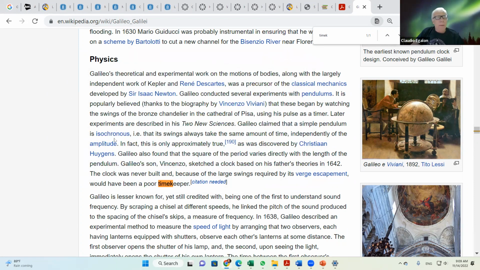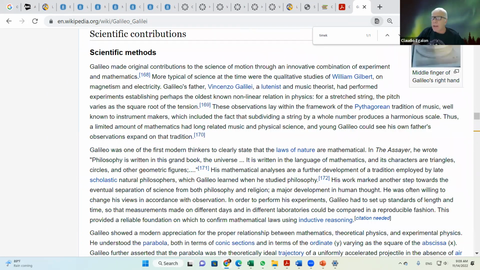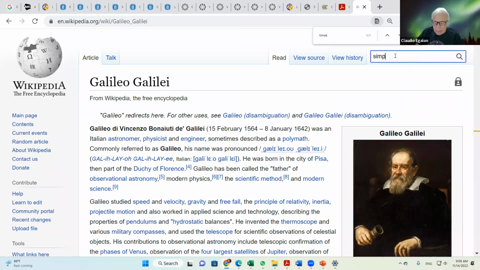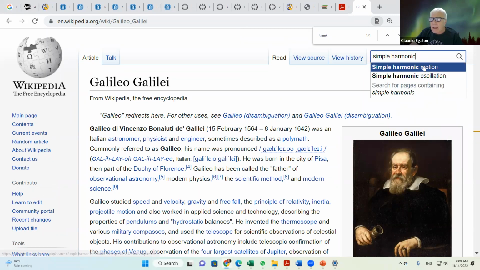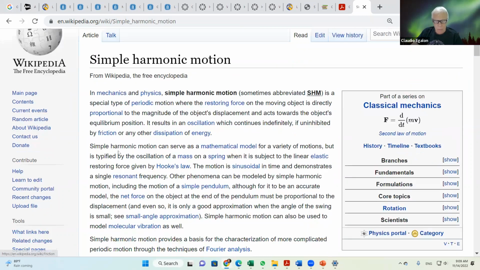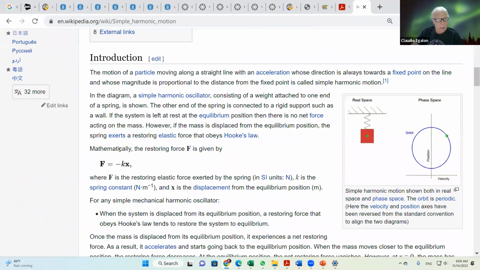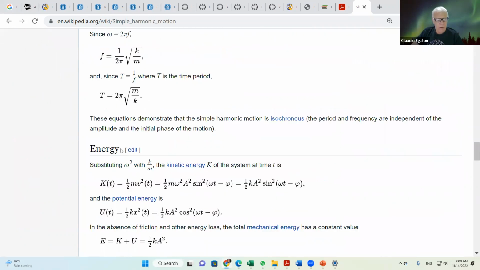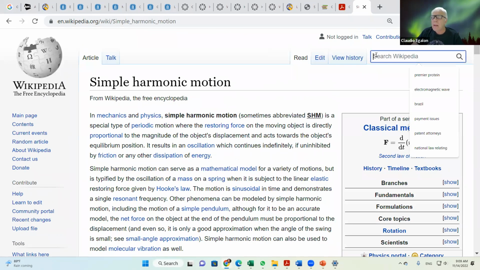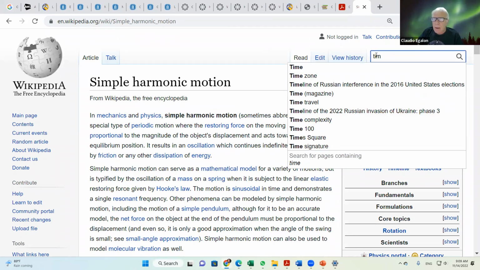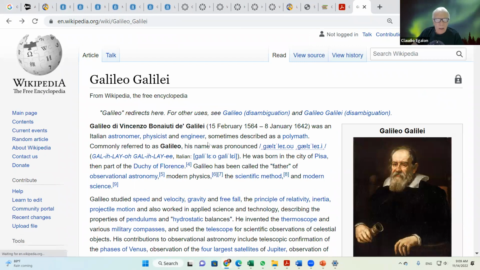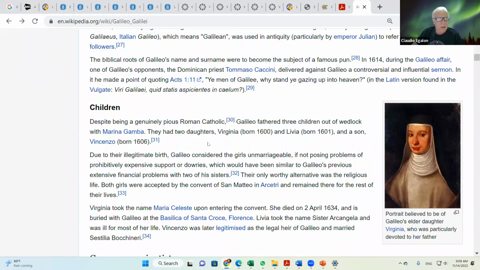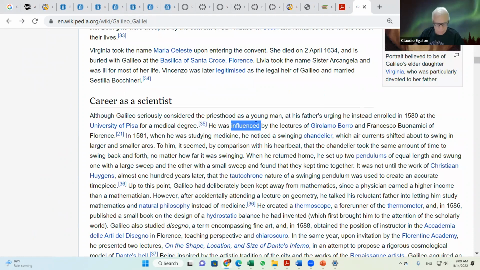So we have something else. Let me see if I can find the simple harmonic motion here. The story goes that Galileo started building this pendulum. Let's go to Christian Huygens, who has better timekeeping.